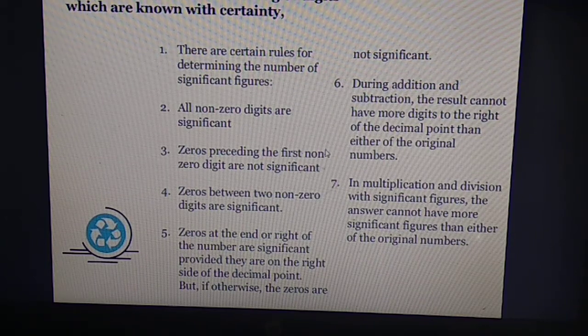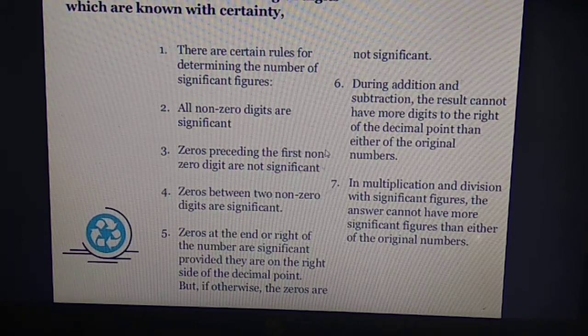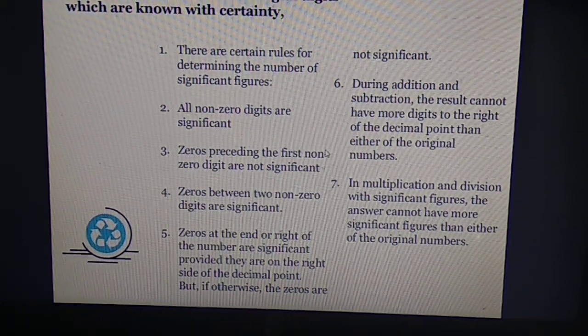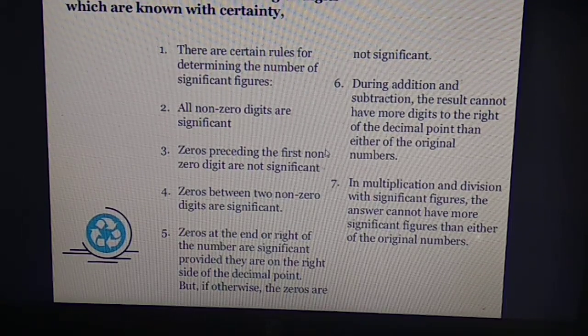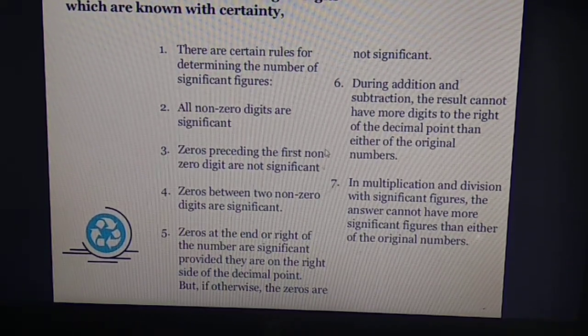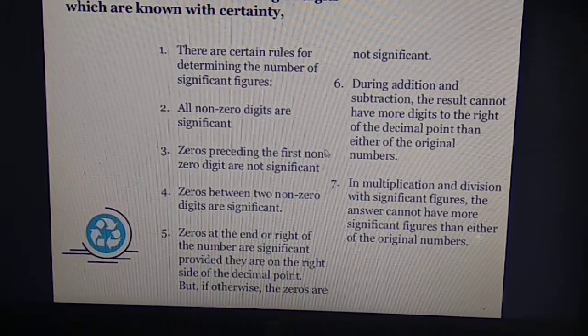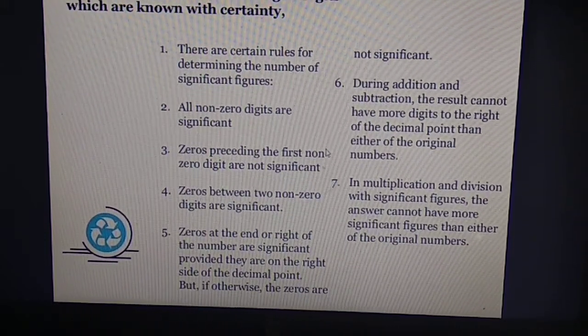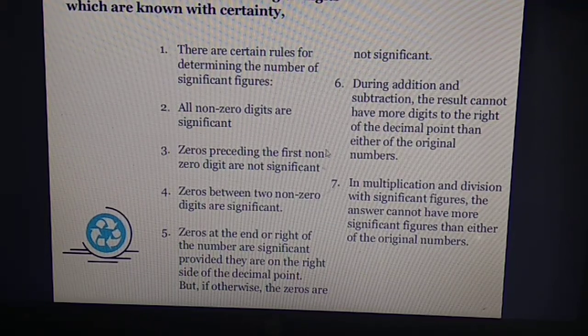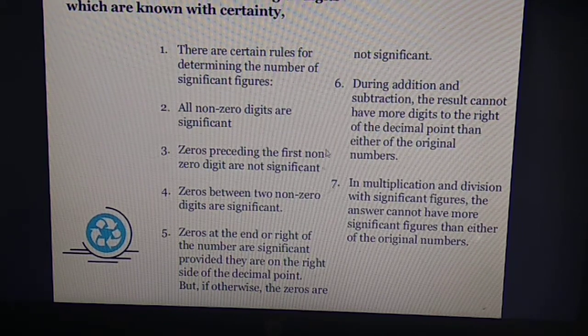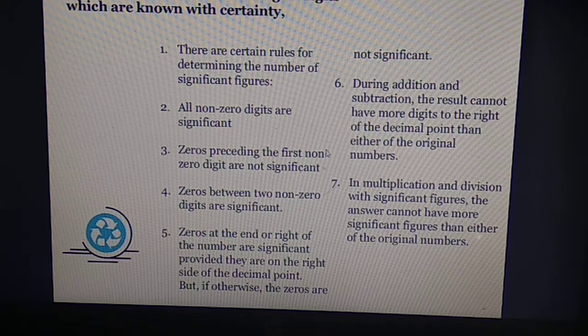Suppose I tell you 5.003 and 100.0, how many significant figures? 4. 100.004, how many significant figures? That is 5 significant figures. So 100.0 has 4 significant figures, and 100.00 has 5 significant figures. So zeros at the end or right of the number are significant.